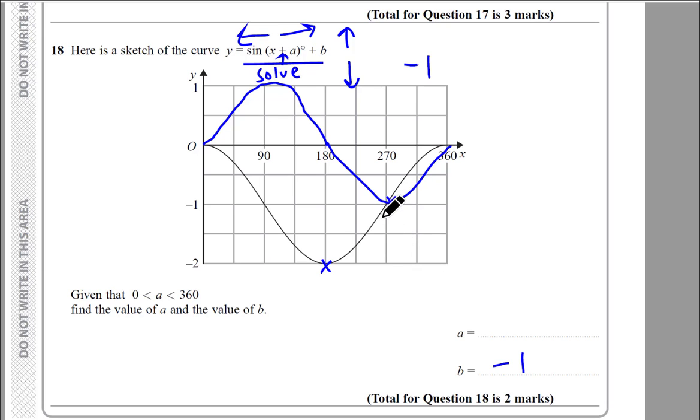So if B is -1, can we see A, we solve, it's going to the left 90. So if it's going to the left 90, A must be 90, because left 90 would be -90, but we solve it, so that's going to be 90.